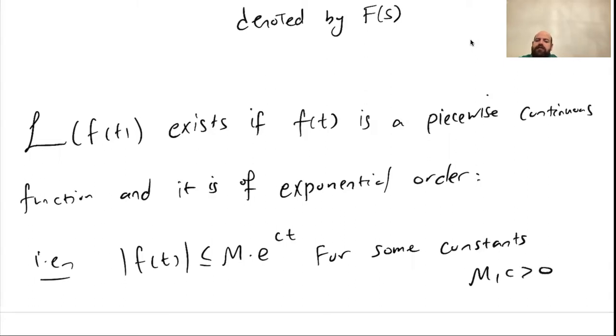If so, then we call it a function of exponential order. And if it's of exponential order and piecewise continuous, then the Laplace transform of f of t exists. So this is one question that we answered. Another question, why is the Laplace transform important?